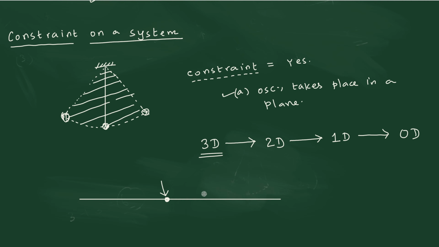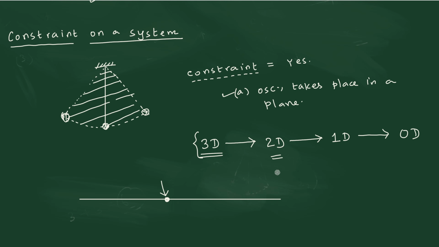The most complicated situation is where you don't impose any restriction and allow the particle to go anywhere, and therefore you have to run behind the particle, capturing the position of the particle and finding out the acceleration, velocity, etc. That is a difficult job. So solving a three-dimensional problem is difficult.